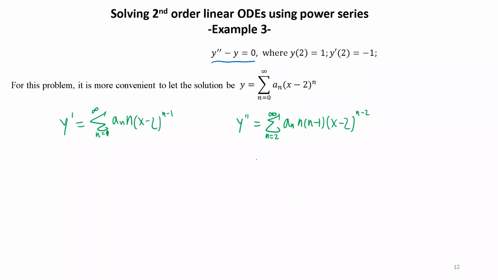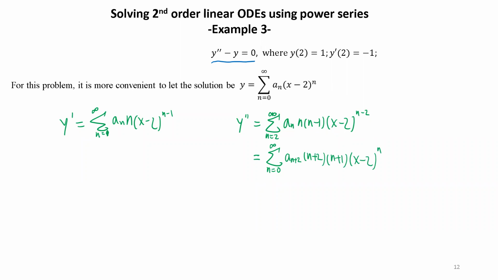So again, shifting index, whenever I see n here, I just replace it by n plus 2, such that this n minus 2 become n. So then with that, this is what you will find. This n becomes n plus 2, this n becomes n plus 2, this n minus 1 becomes n plus 1, this x minus 2 to the power n minus 2 becomes x minus 2 to the n.